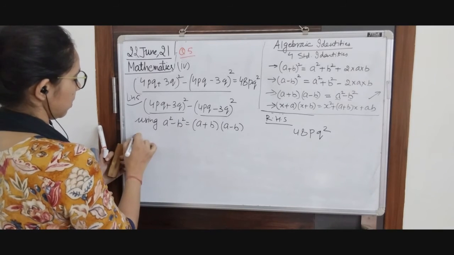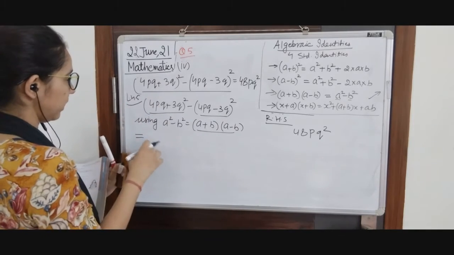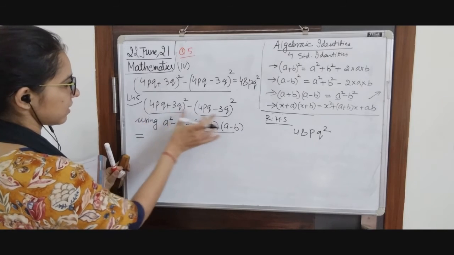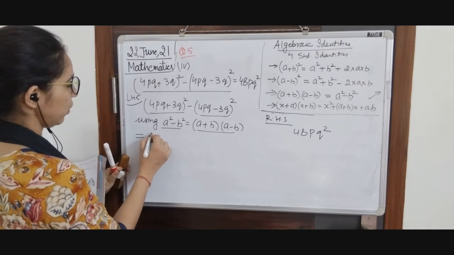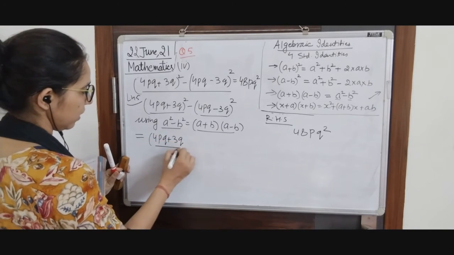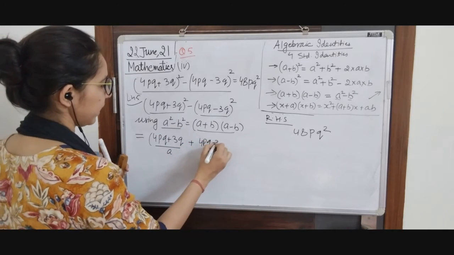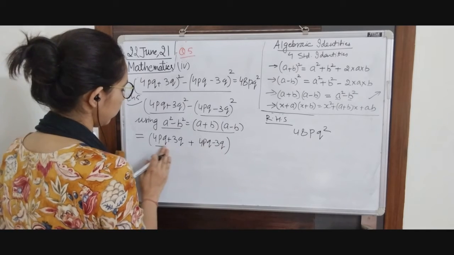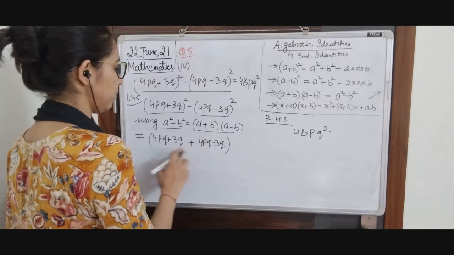I am going to write this part directly. This is our a, this is our b. A square minus b square. So it is going to be 4pq plus 3q, a, plus 4pq minus 3q, b. This is not divided by a and b. These are a and b, a plus b.